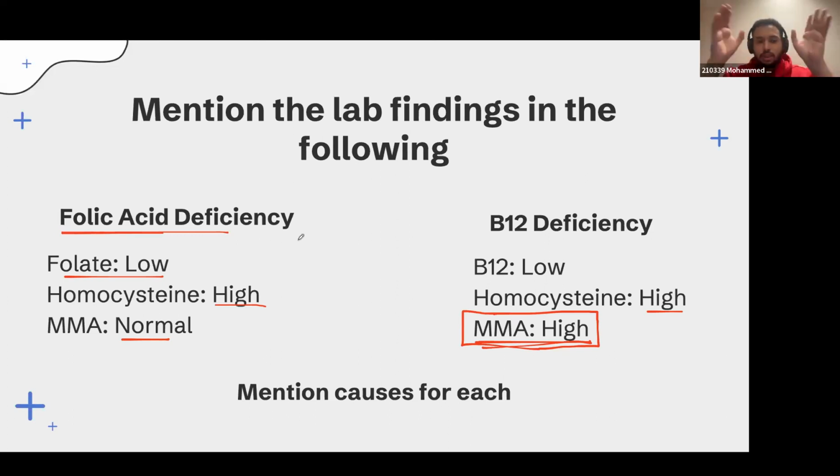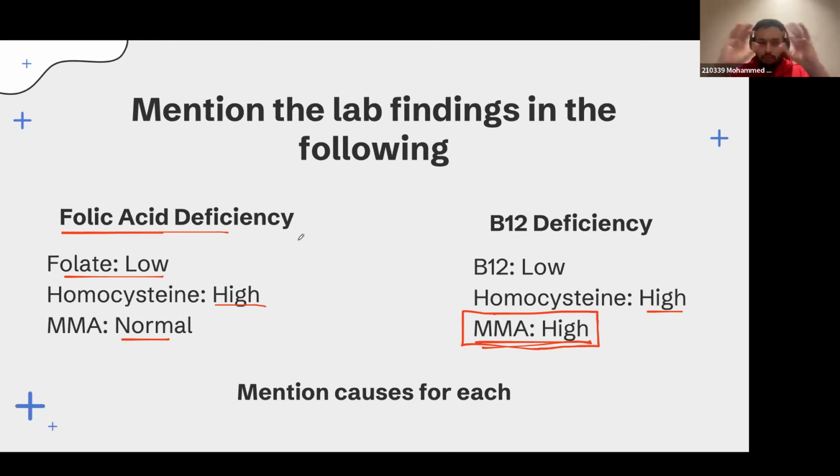Okay, so you have something very important called pernicious anemia. Pernicious anemia is because of antibodies against either intrinsic factor or parietal cells in the GI tract. Why will this lead to B12 deficiency? No absorption because of no intrinsic factor.